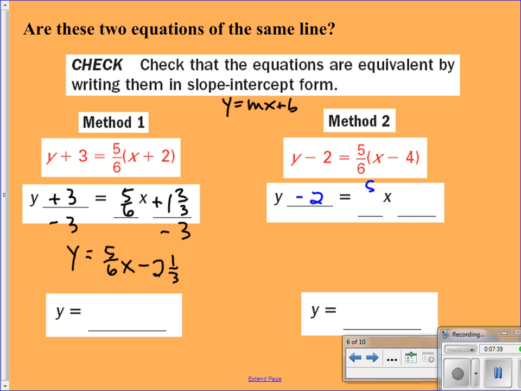So if I distribute the 5/6 over here, I get minus 20/6, which would be 10/3. Yep, which this value 10/3 is 3 1/3. So let's go ahead and write it as 3 1/3 plus 2.